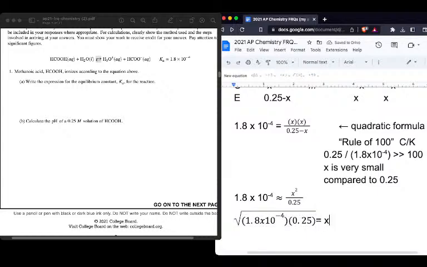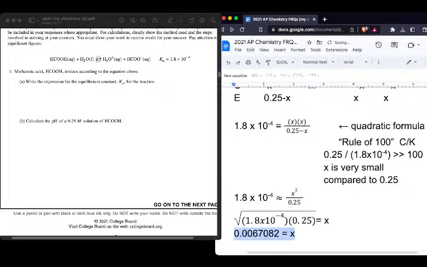Now you're going to need a calculator to do this. I didn't turn on my camera because it makes my computer lag badly. So I'm hoping you can type this into your calculator yourself. 1.8 times 10 to the negative 4 times 0.25 and then square rooted gives me an X value of 0.00678082.